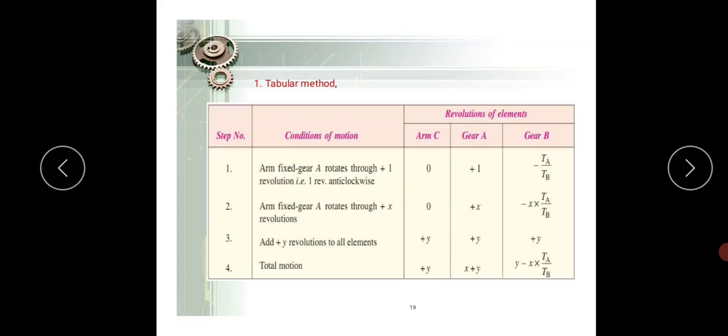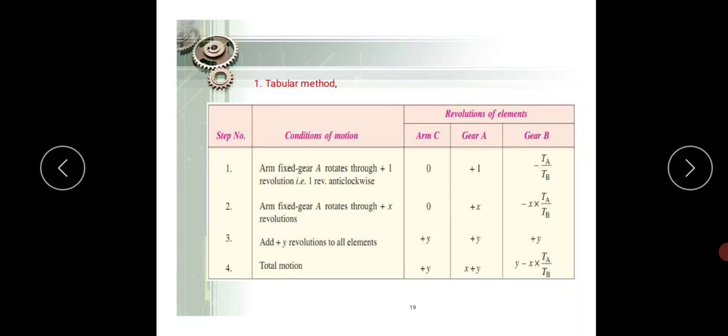The third step is to add plus Y revolutions to all the elements. That means the arm C also revolves in the plus Y direction, as well as gear A and gear B in the plus Y direction.